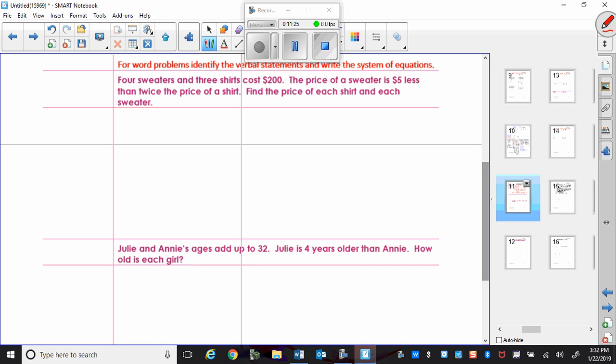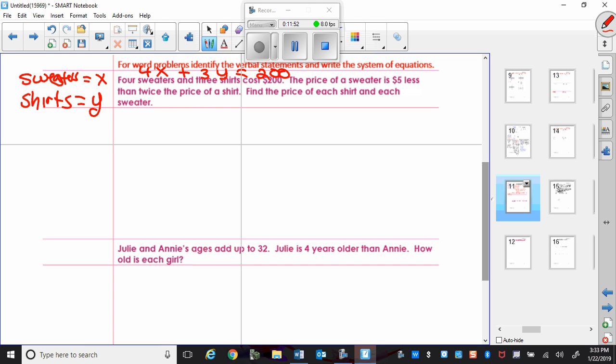So it says 4 sweaters. So we're going to describe sweaters. We're going to call sweaters x. Shirts are going to be y's. Okay, so 4 x's and means plus 3 y's cost means equals, so $200.